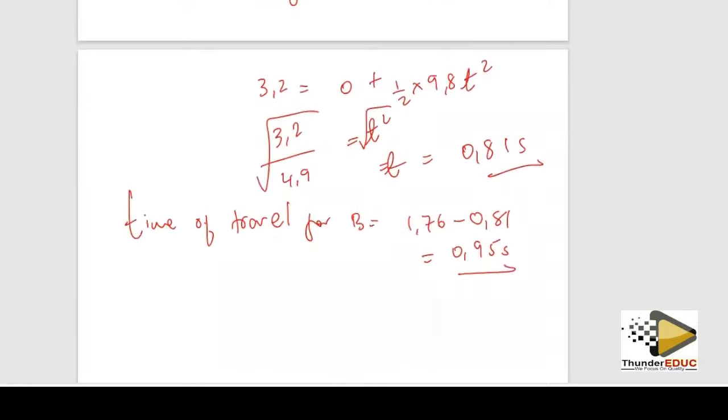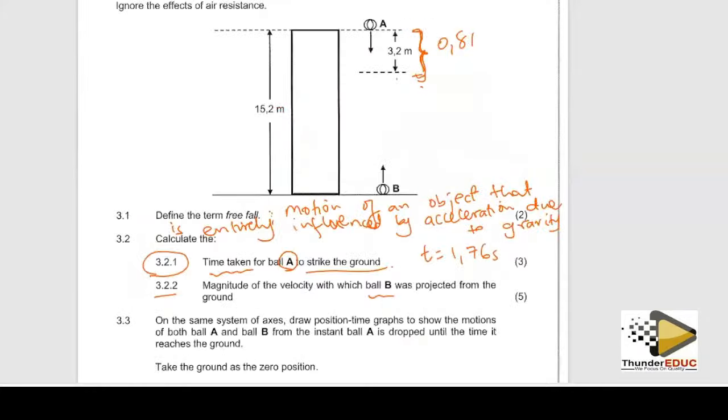Now, remember the question wants the initial velocity for B. So if this is the total time of travel, I can look at a point where this object goes. I don't know where it ends, but then it's going to come back down. So the total time is the 0.95 seconds.